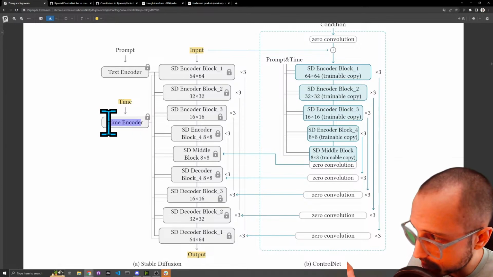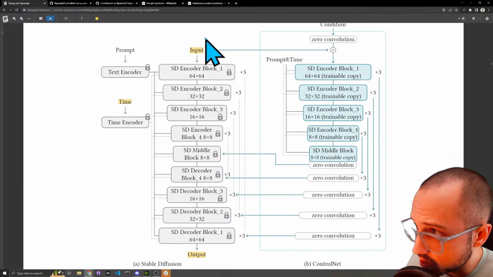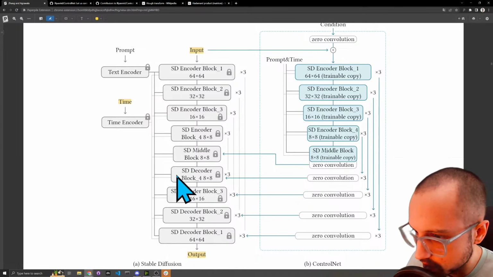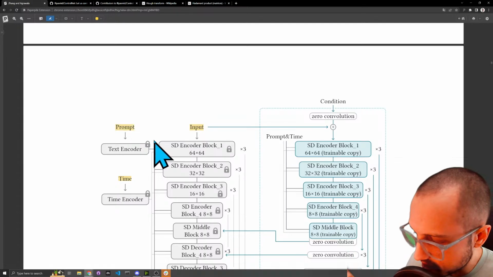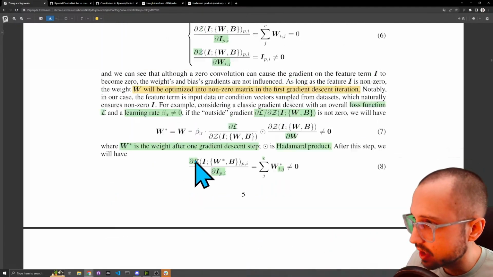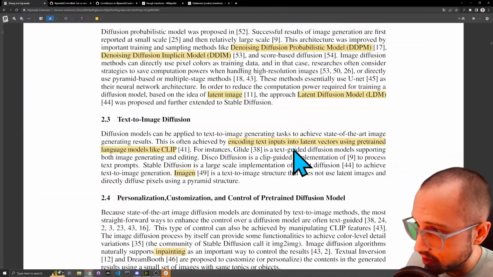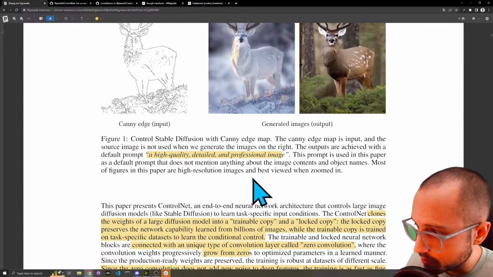But the time encoder here is in charge of making sure that the time is presented and given to the neural net in a useful representation. The prompt here is basically your text. So in the case of the example up here, the prompt is a high quality, detailed, and professional image.